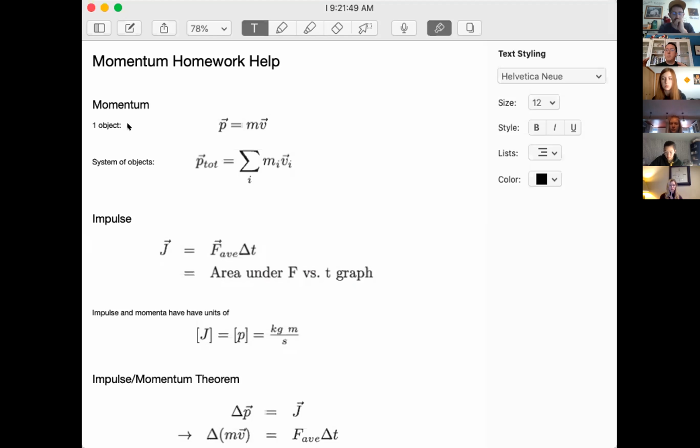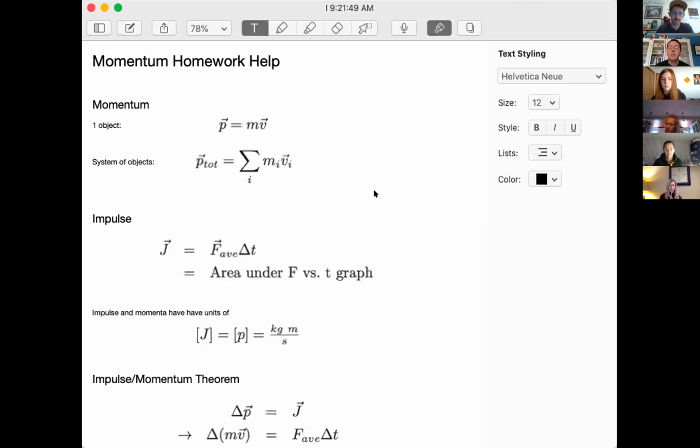So we will sometimes regroup things into collections of objects, and we will just call those things systems. The system will be the collection of objects you're studying or focusing on, in which case you would define the total momentum, which is the sum of all the elements. So you would find the mass and velocity of each thing separately, find the momentum of each thing separately, and then add them up. That gives you the total momentum of a system of objects.